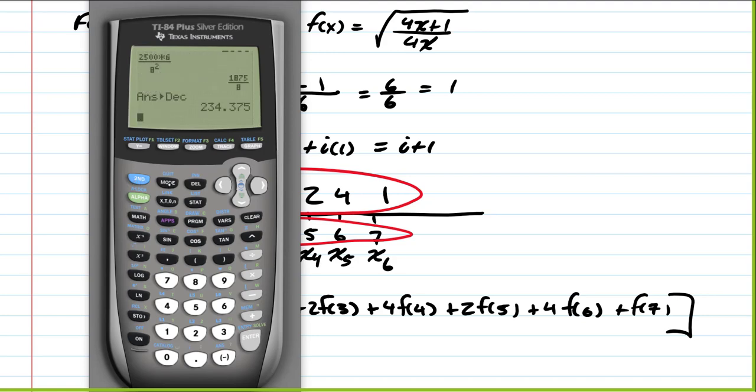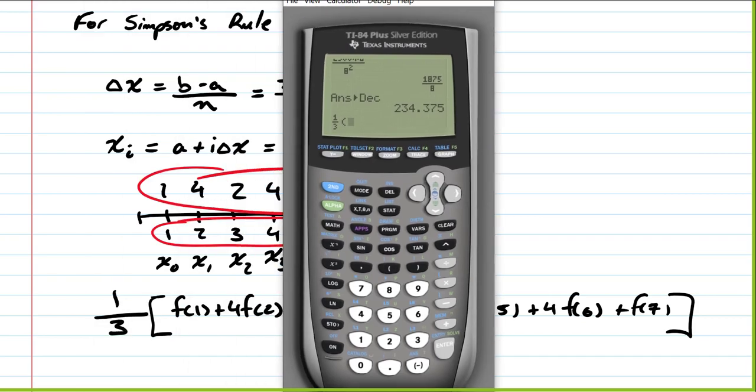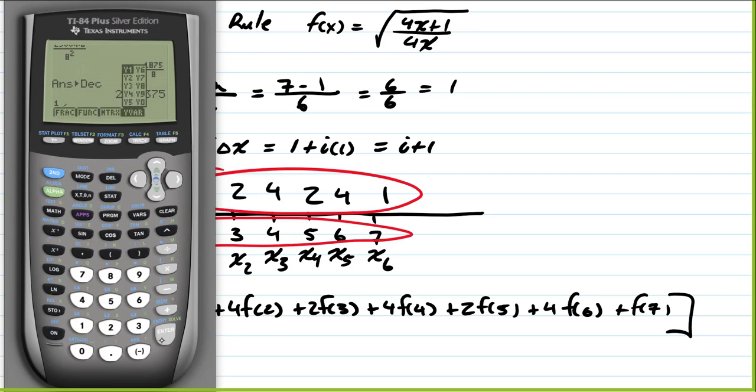So now we have our 1 over 3, our delta x over 3, and then we go alpha trace y1 of 1 plus 4 y1 of 2 plus 2 y1 of 3 plus 4 y1 of 4 plus 2 y1 of 5 plus 4 y1 of 6 plus y1 of 7.